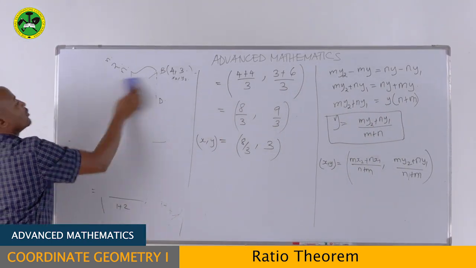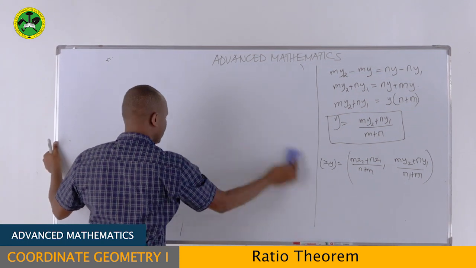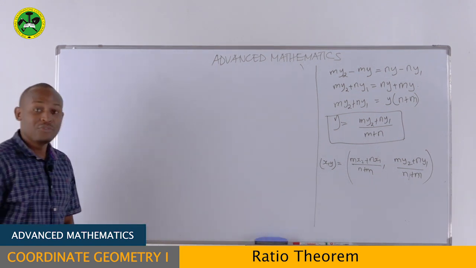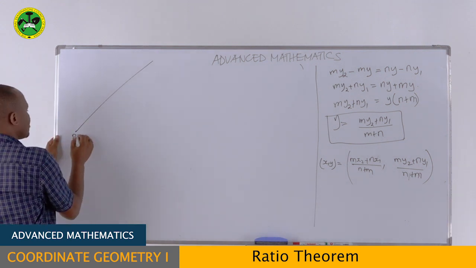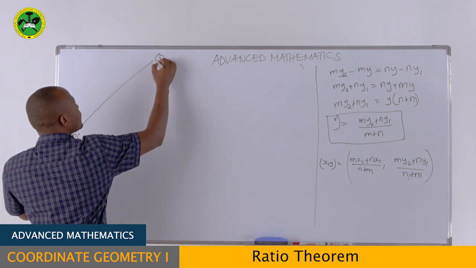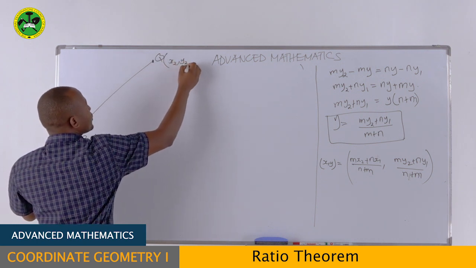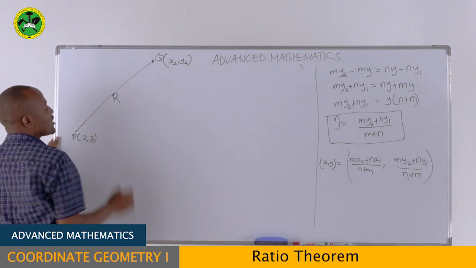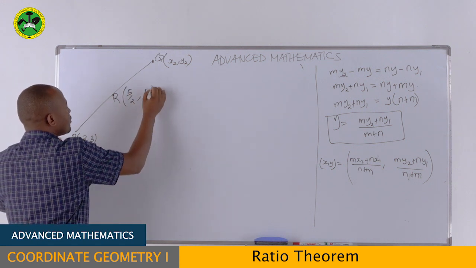Now if we try to sketch it, we have something like this. Let's say a line like that, and there is a point P that is 2,3, and we have a point Q on the line segment, x2, y2, and we have a point R somewhere there, and this R is 5/2, 5/2.